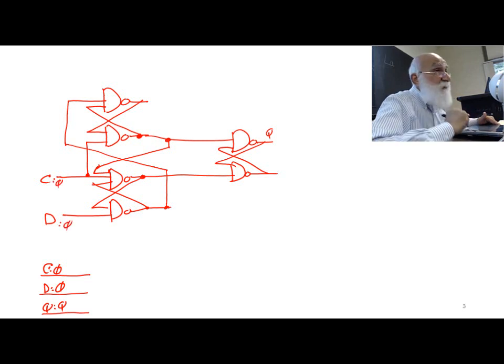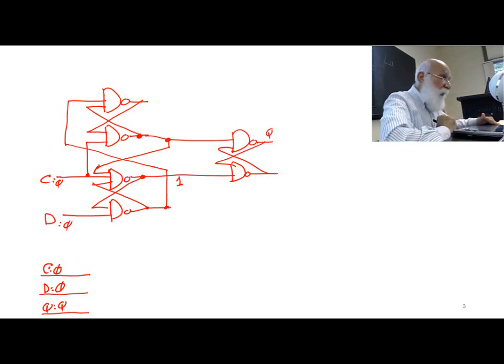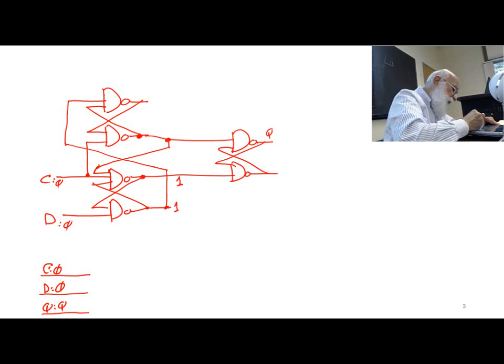Then I will analyze it to make sure that the circuit is stable. With these values, C is 0, therefore a 0 on the input of a NAND gate, the output is 1. So this is a stable value 1. D is 0, so there is a 1 here as well. C is 0, therefore this is 1. And Q is 0, and therefore this is 1.